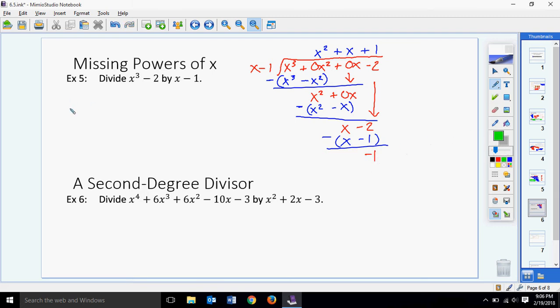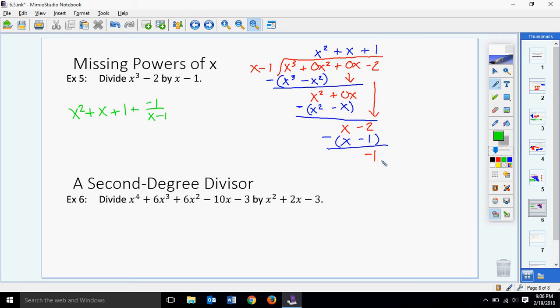So final answer, x squared plus x plus 1 plus remainder over divisor. Now, there's another way I could write this. Instead of plus this -1, I could write it as -1 over x minus 1. So instead of plus a -1, I could write it as subtracting a +1. Either way will work.